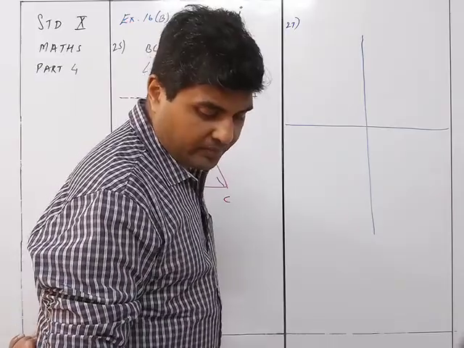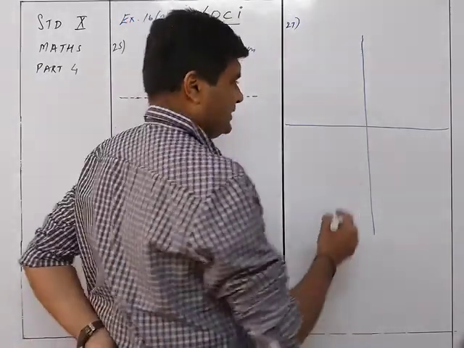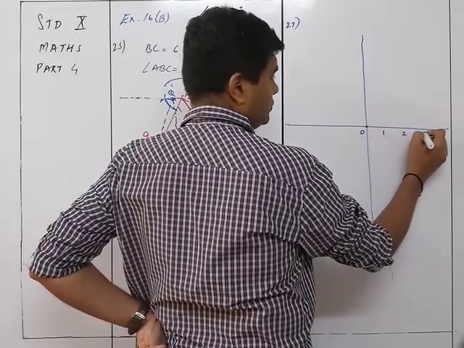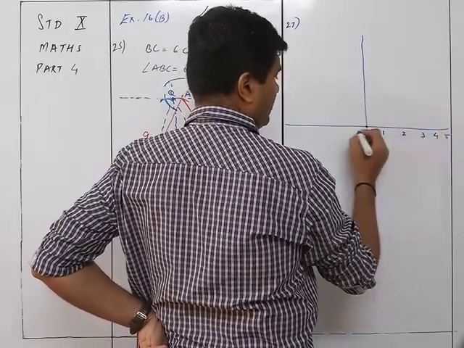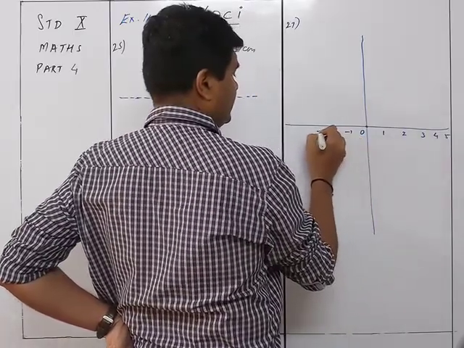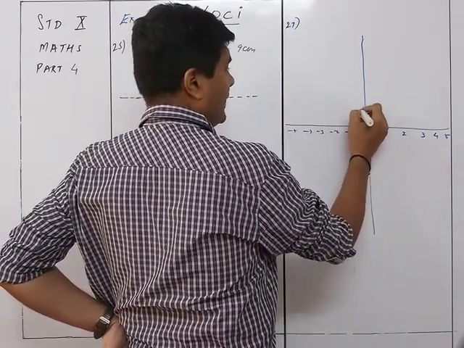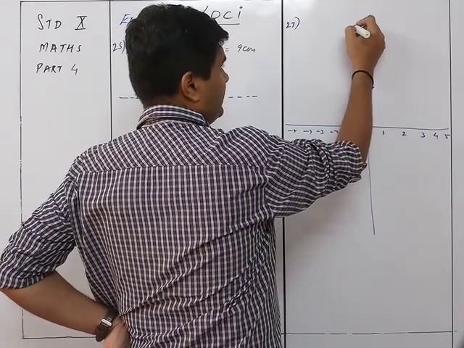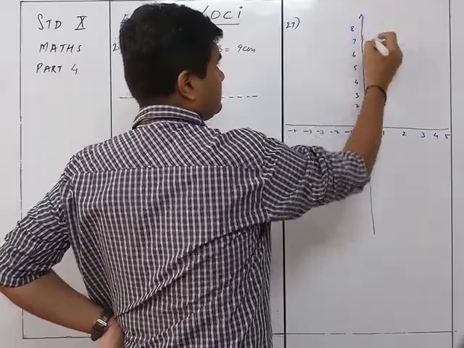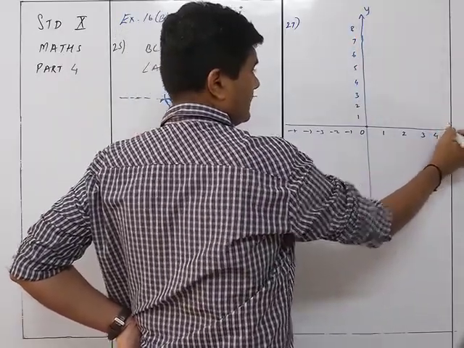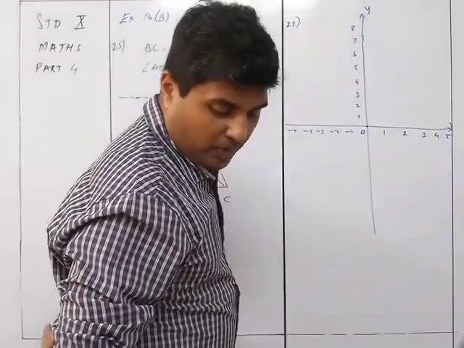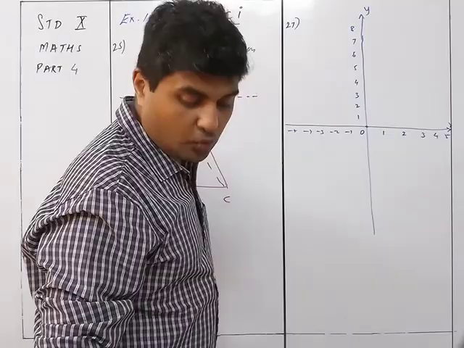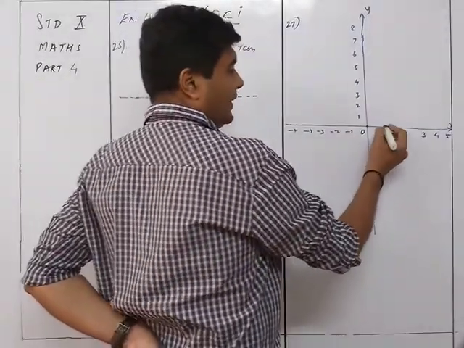So you are given the points like this. Since it goes up to 2, 7, automatically it will be marked as 0, 1, 2, 3, 4, 5, -1, -2, -3, -4, -5, and 1, 2, 3, 4, 5, 6, 7, 8. This is y, this is x. The first point, 1, 1, is point A. So we take the scale 2 centimeters is to 1, that is, 2 by 2 graph. 1, 1 is over here.